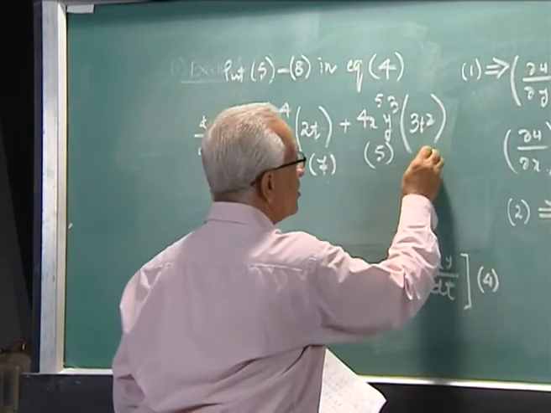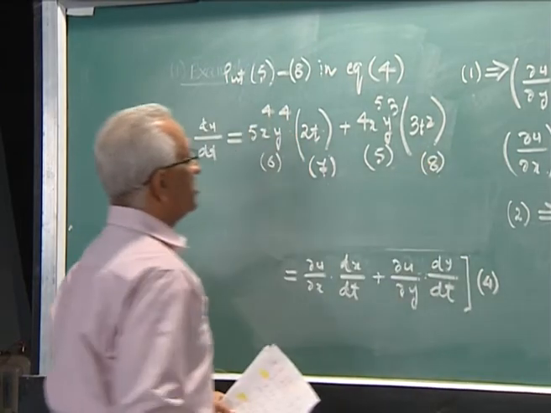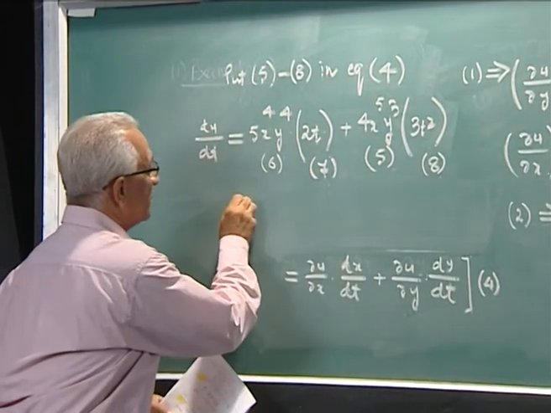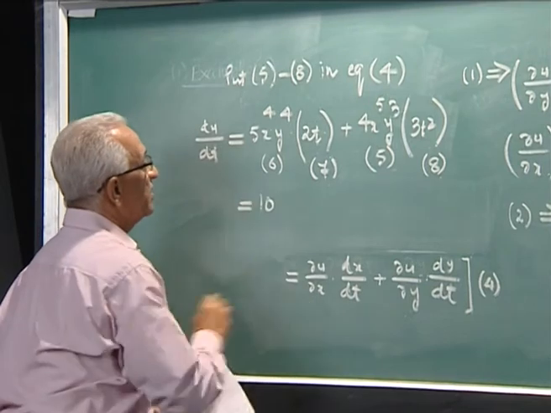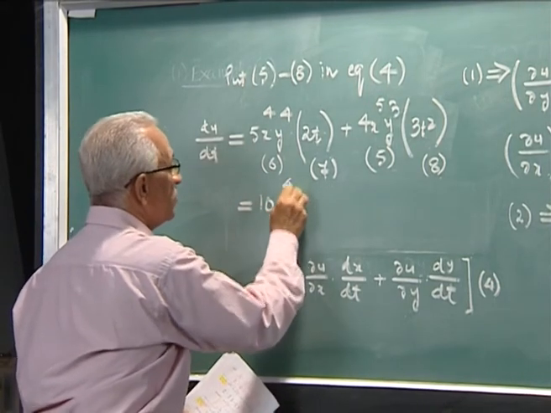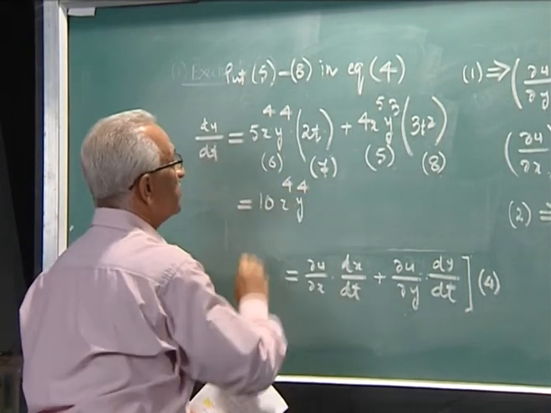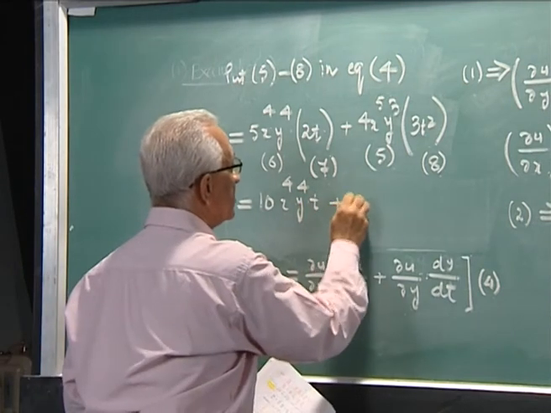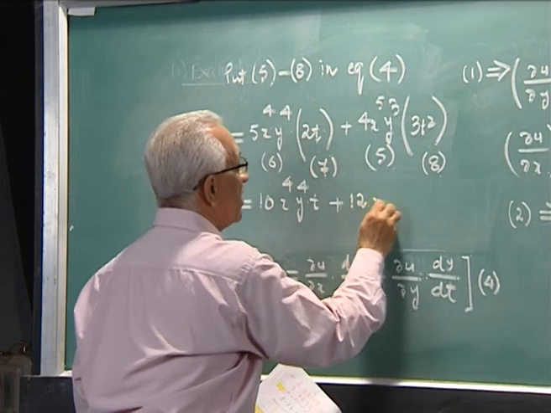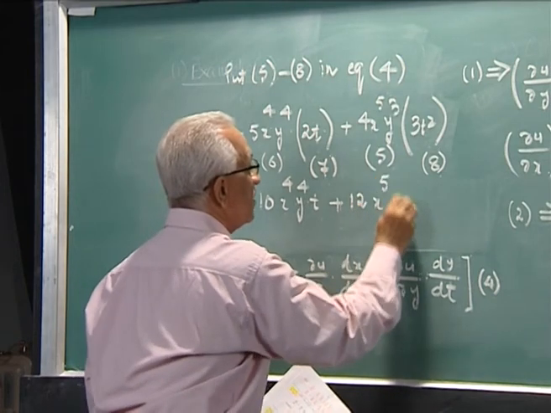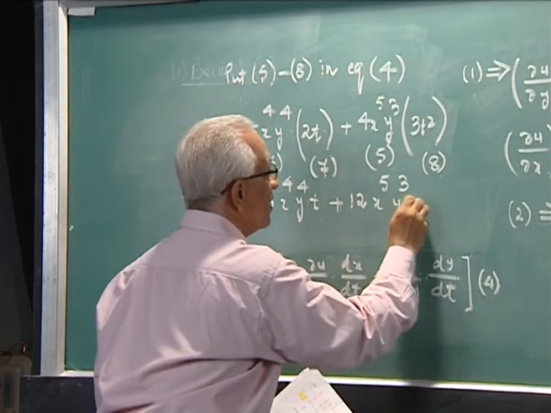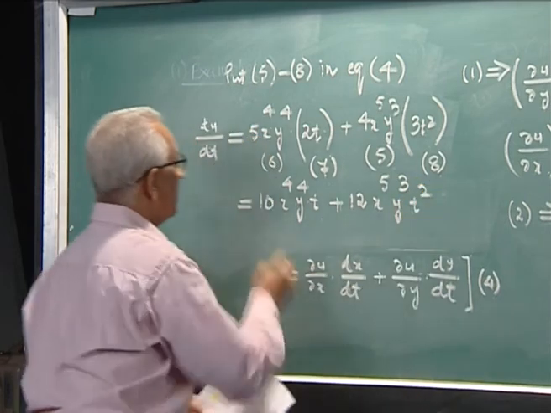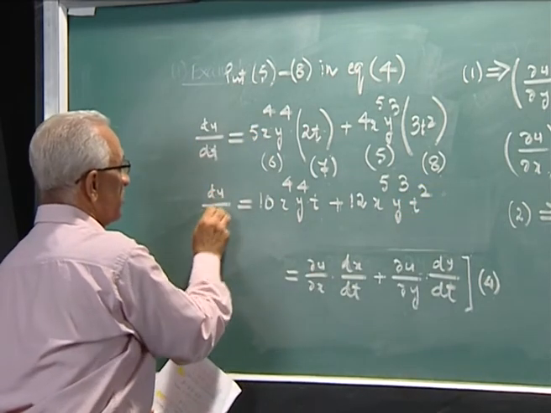This 3t square is finally taken from equation 8. If I solve it, I'll get 10 x to the power 4 y to the power 4 t, plus 12 x to the power 5 y to the power 3 t square. Mind it, this is du dt that we have.